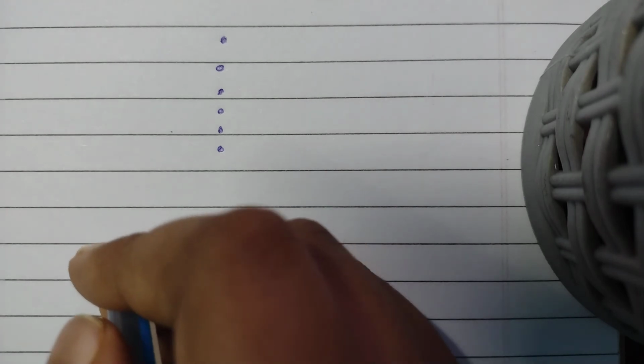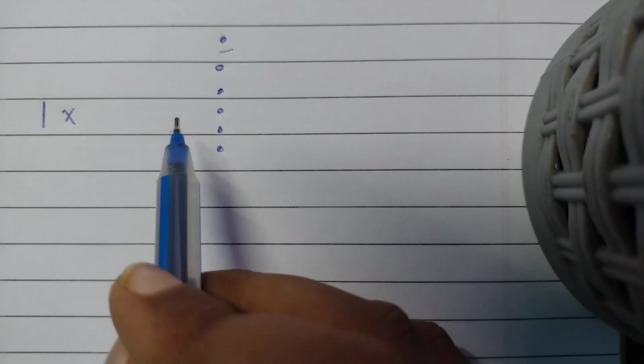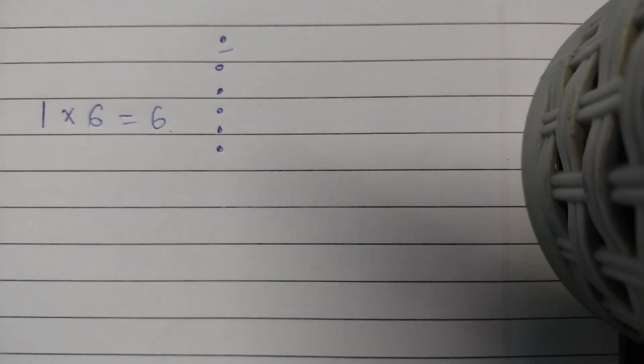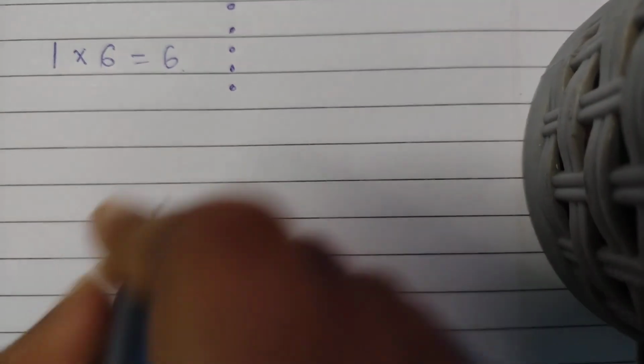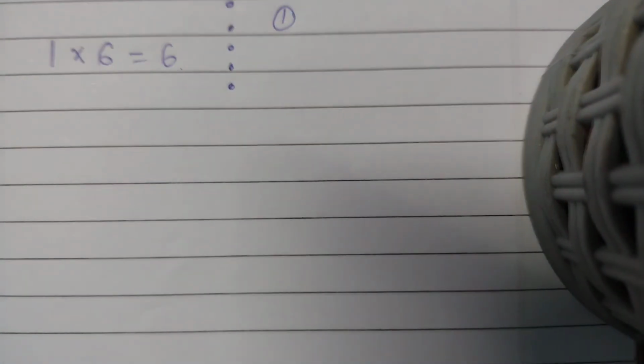The total number of marbles can be calculated as: in each row there is 1 marble, so 1 into, how many rows are there? 1, 2, 3, 4, 5 and 6. 1 into 6 equals 6. So there are 6 marbles. This is the first case.